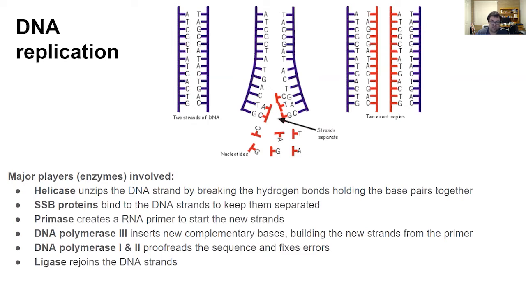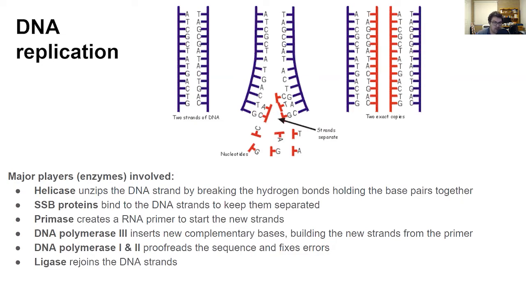Those strands separate, and then we build the complementary strand alongside the old strand. And so we end up from two strands of DNA to two exact copies that conserve one of the original strands of DNA in them and a new complementary strand.